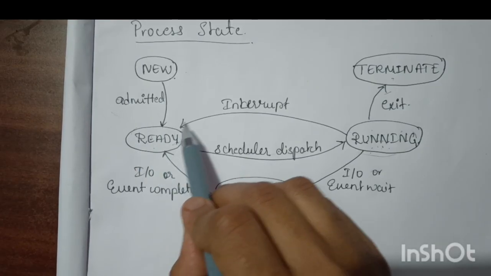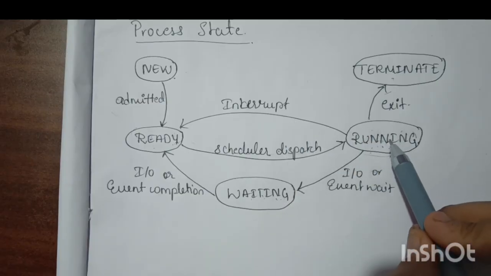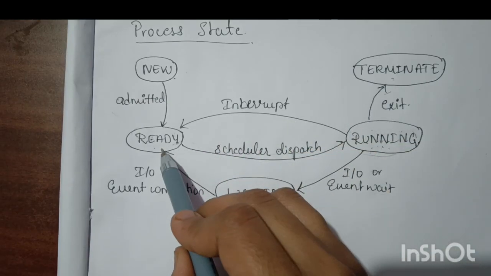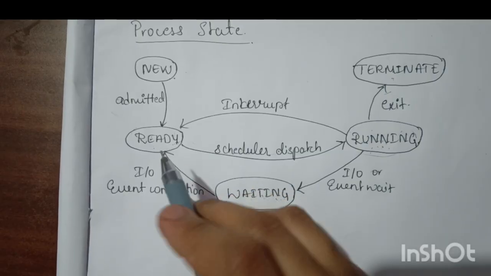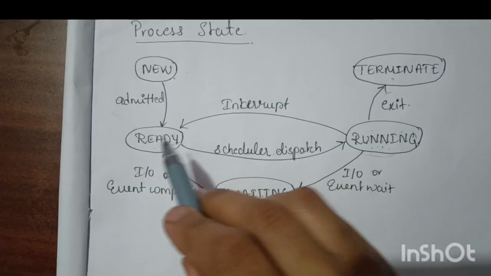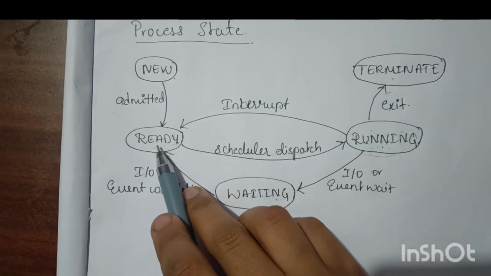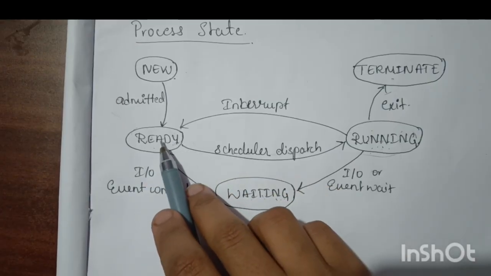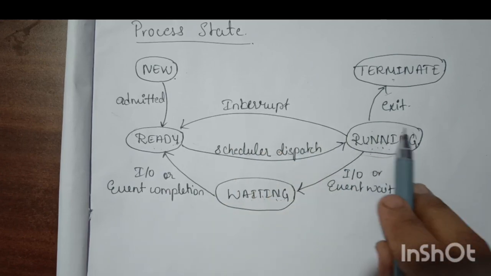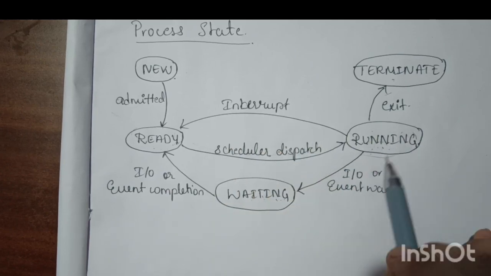Now from the main memory they should be given to the CPU, right? So that the CPU starts its execution. So the processes from your main memory which are already ready for execution will be given to the CPU. So at that time the processes go into your running state.